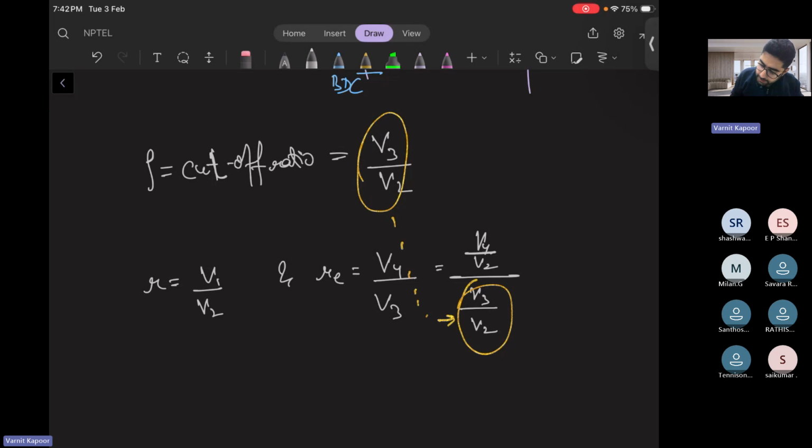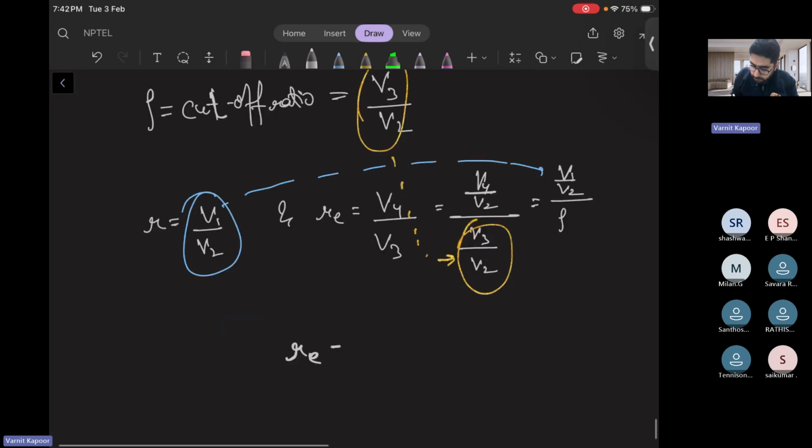So this can also be written as V1 by V2 over rho, and V1 by V2 is nothing but your compression ratio. So your expansion ratio will be r by rho.